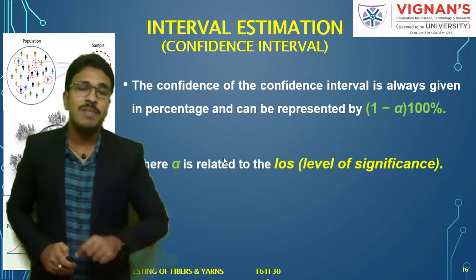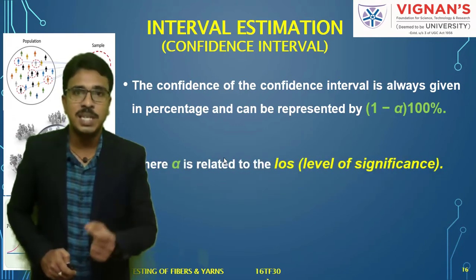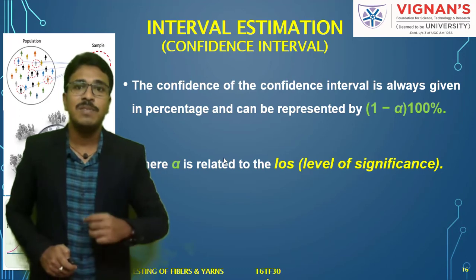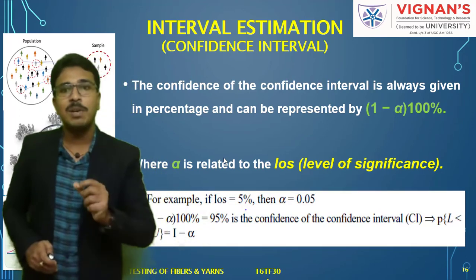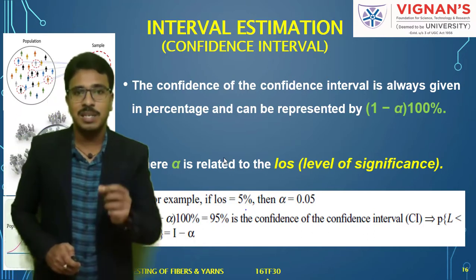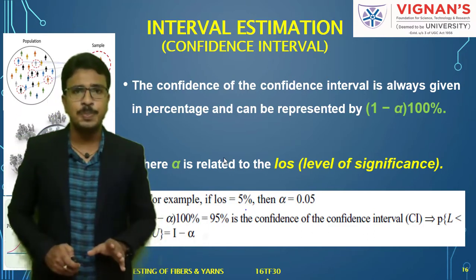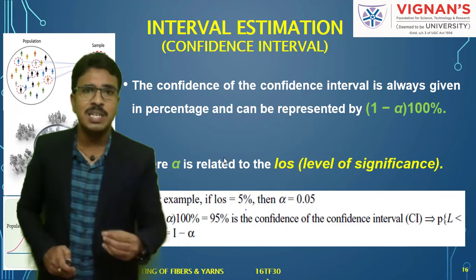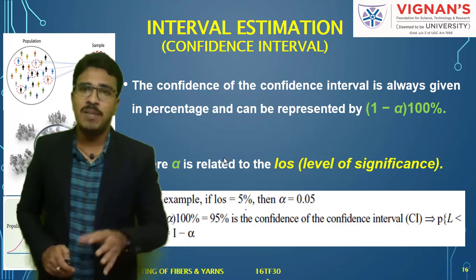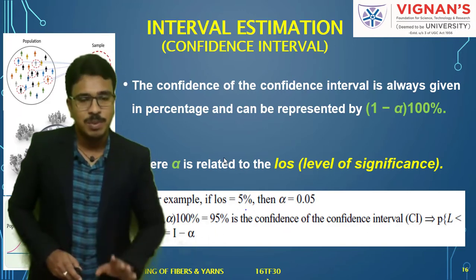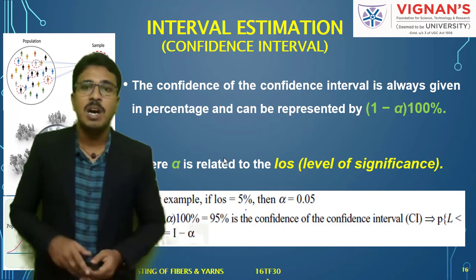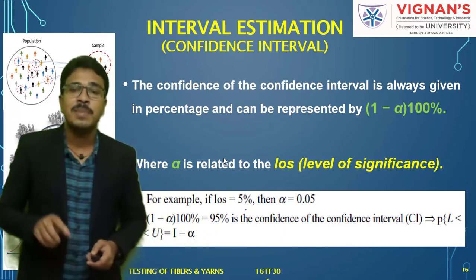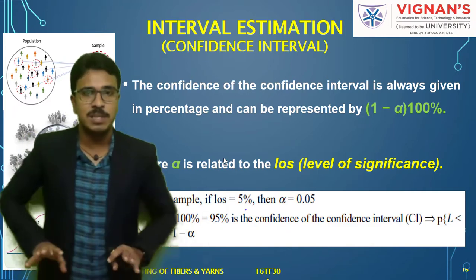Here this alpha is related to the level of significance. Suppose the level of significance is 5%, that means out of 100%, the level of significance is 5%.